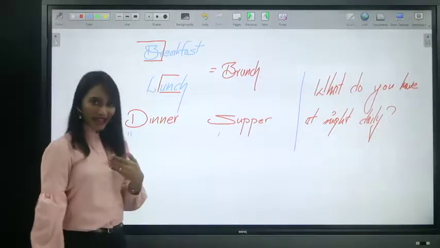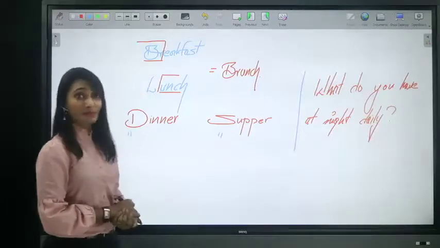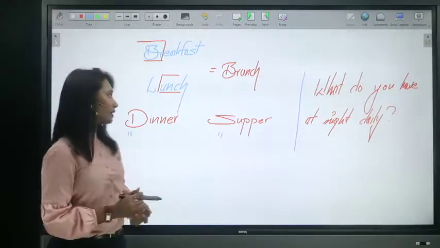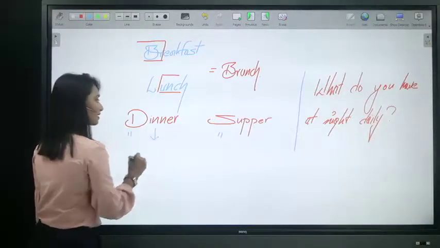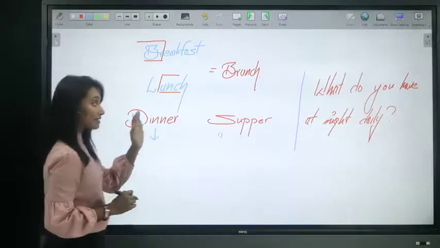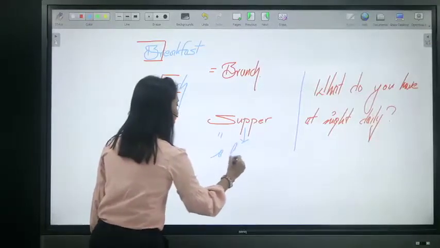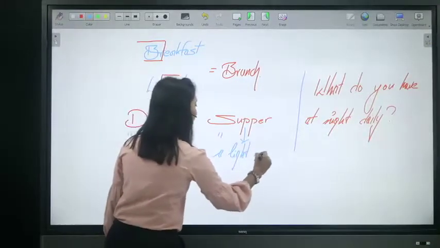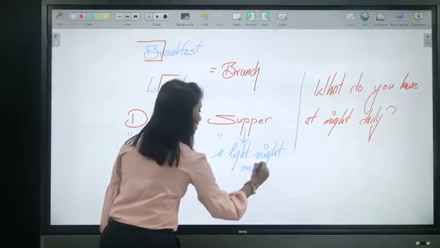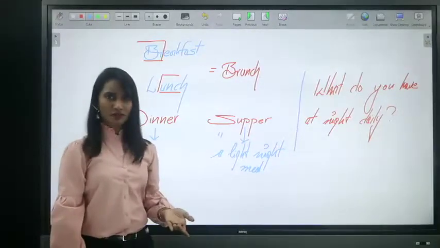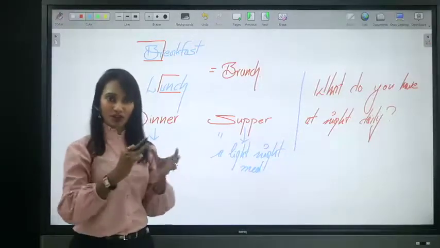Now, what am I having? If you ask me, I will go with Swapna. I'm having supper, not dinner. Why? What's the difference between dinner and supper? Dinner is not what you take every day. It is supper that you take every day, because supper is a light night meal which we take, like roti and sabji, or a bowl of rice with curry or sambar, whatever you eat.